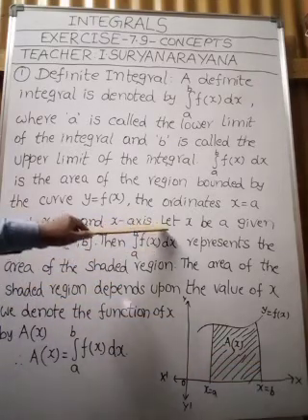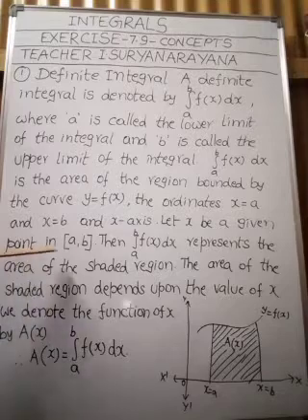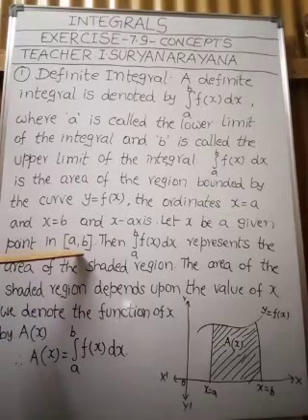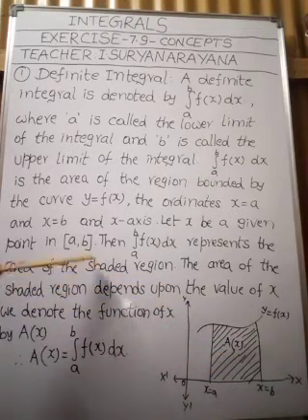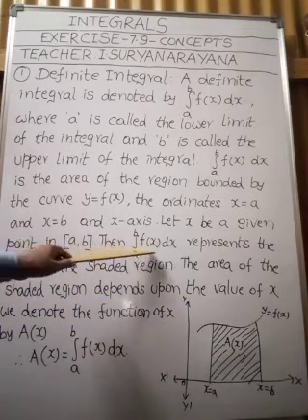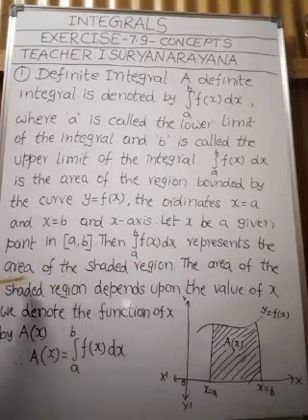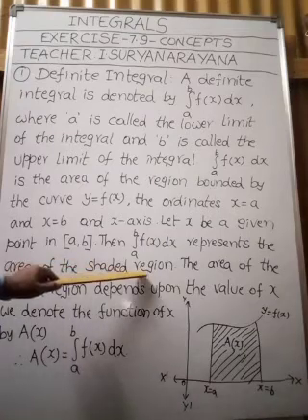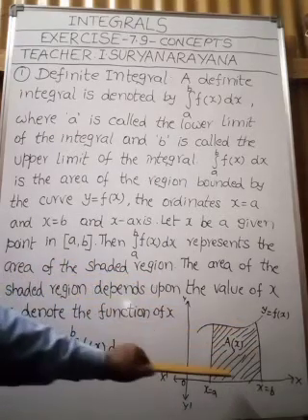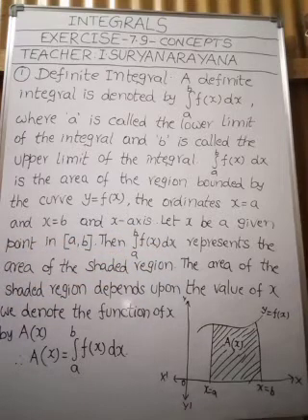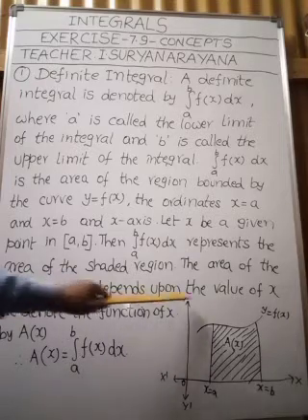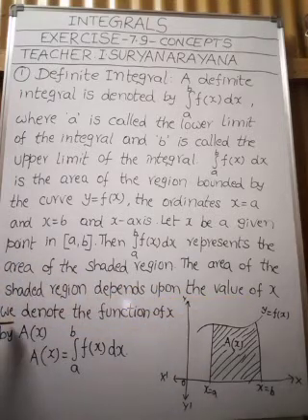Let x be a given point in the closed interval a comma b, any point. Then integral a to b f of x dx represents the area of the shaded region. The area of the shaded region depends upon the value of x.